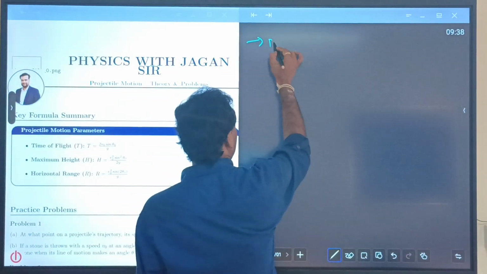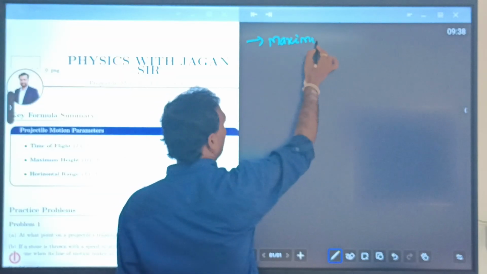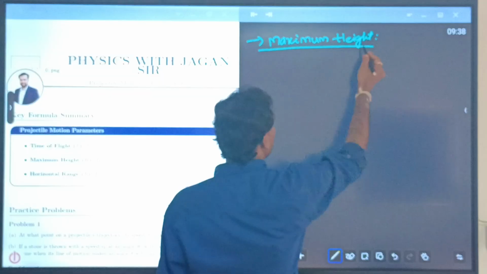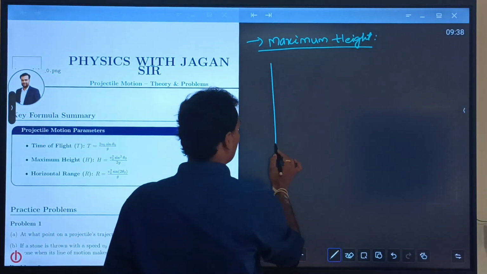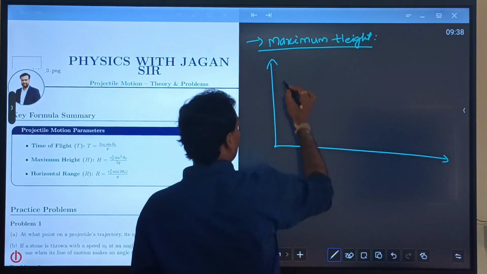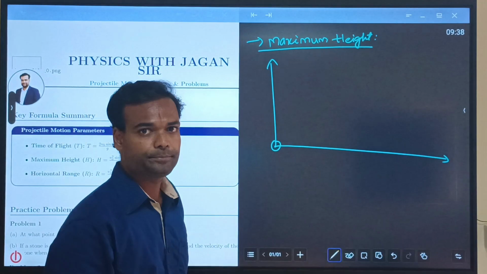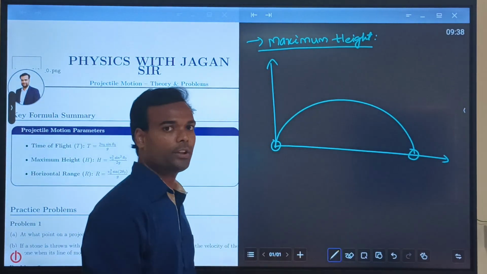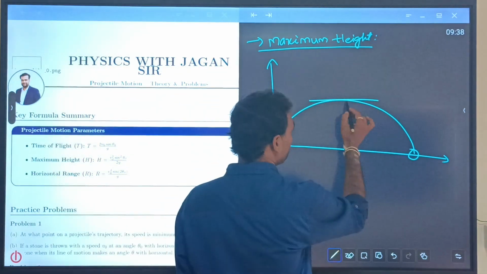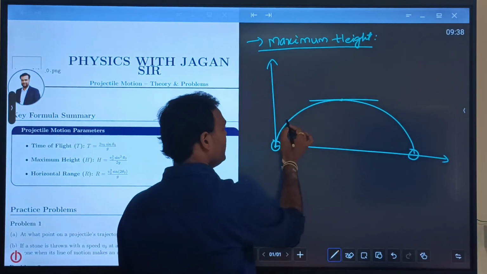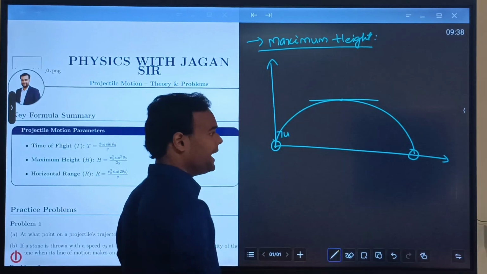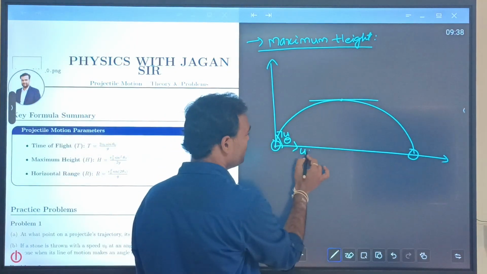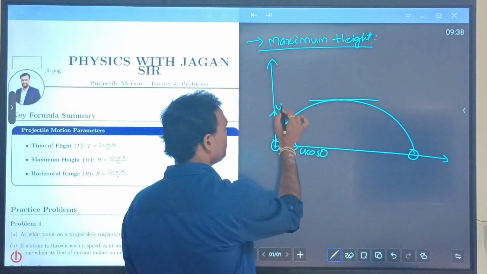Now, maximum height. Suppose an object starts its journey from here, and it reaches this location, and it will attain maximum height at this point. Obviously, when the object is at this point, it will have initial velocity u, and if the angle is theta, this will be u cos theta, and this will be u sin theta.